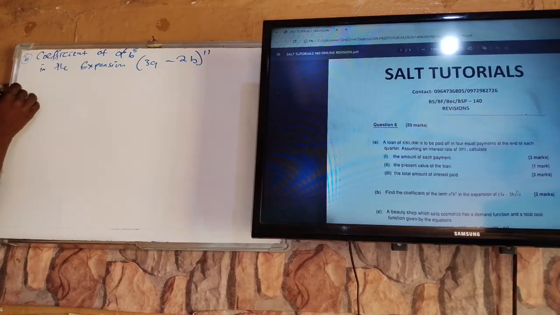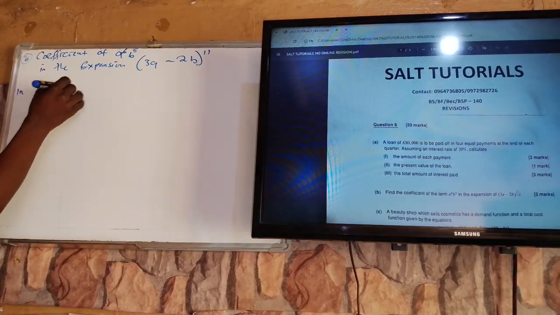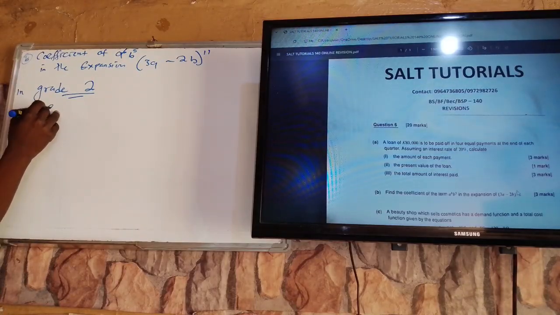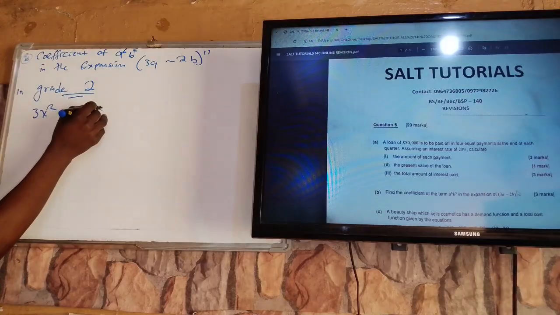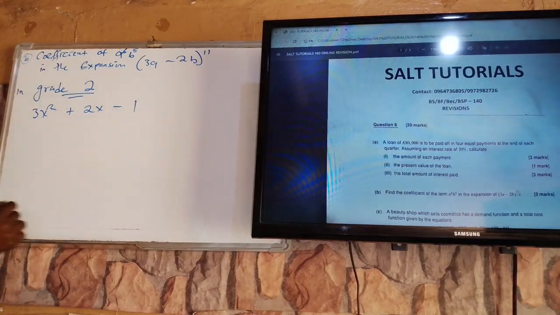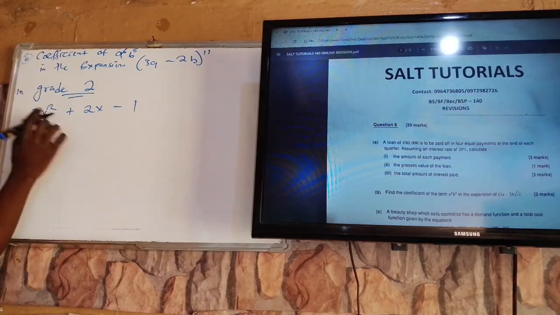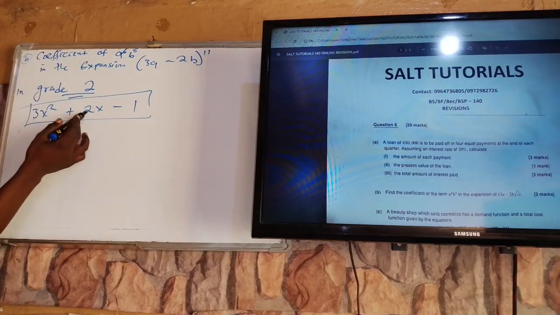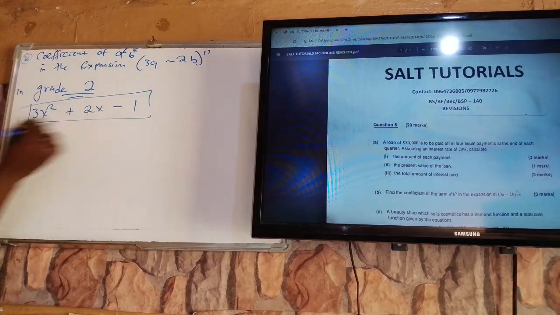I'm sure in grade 2, there were concepts like you have 3x squared plus 2x minus 1, and then the criteria to find the coefficient of x squared. In this expression, x is a variable, 3 is a constant, 2 is a constant, negative 1 is also a constant.